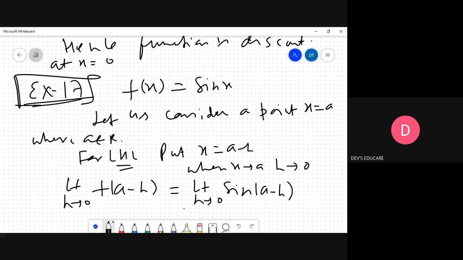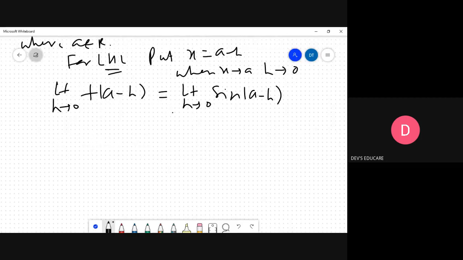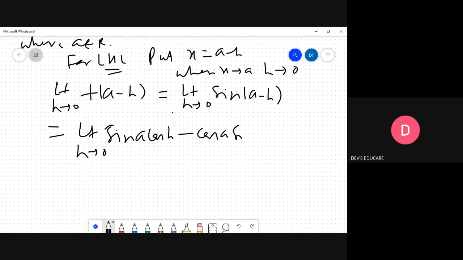Sine(a minus h) is what? We can use the identity. So we have limit h tends to 0 of sine a cos h minus cos a sine h. Putting the value of the limit, we have sine a cos 0 minus cos a sine 0.